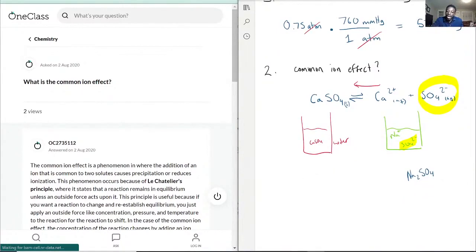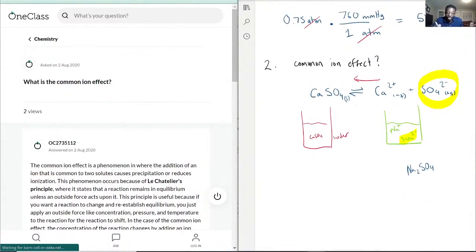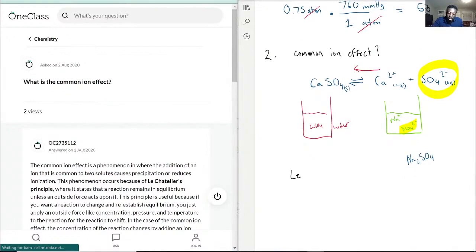One of the principles that discusses this is Le Chatelier's principle. I spelled it wrong. This principle says that in equilibrium, certain things change it: concentration, pressure, and temperature.